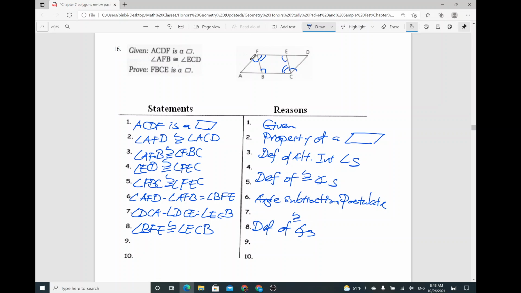And therefore, statement number 9, we can just say that quadrilateral FBCE is a parallelogram. So this one again, you just want to say that if opposite angles are congruent, then the quadrilateral is a parallelogram, or just by using the definition of a parallelogram.